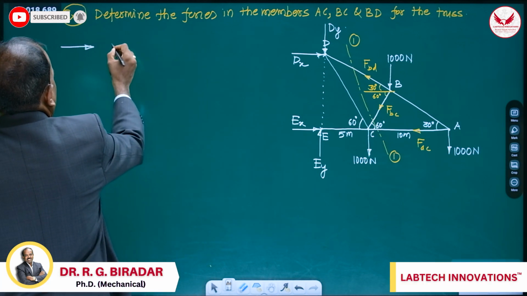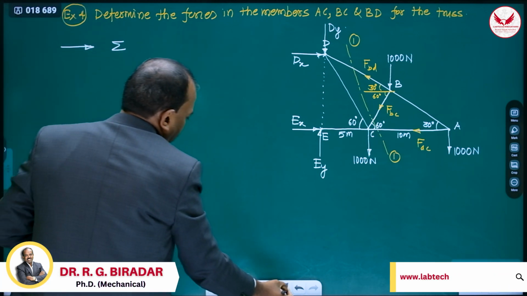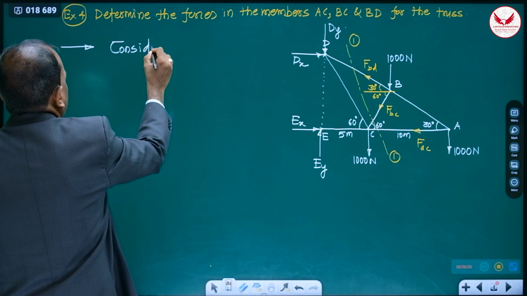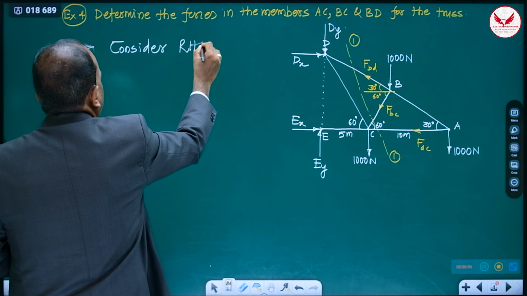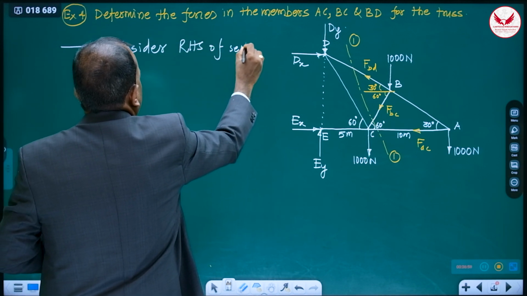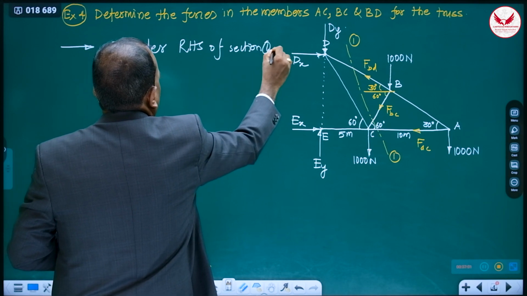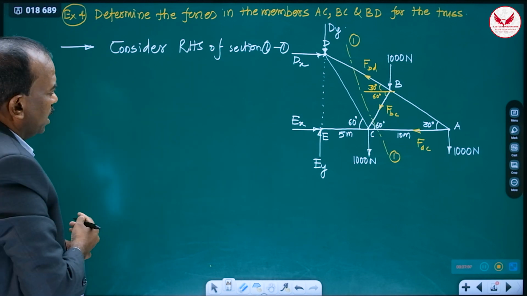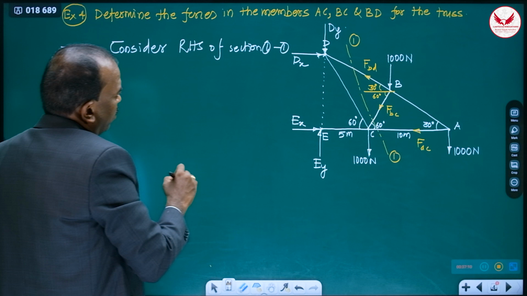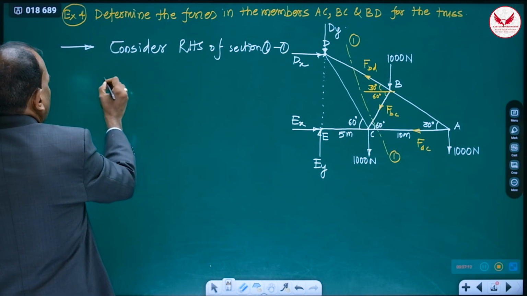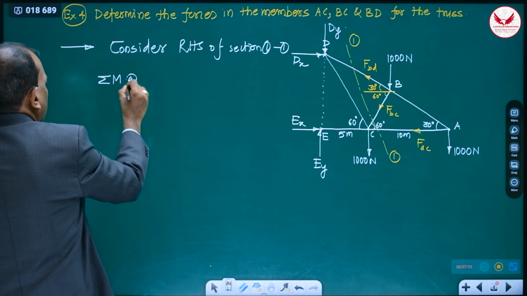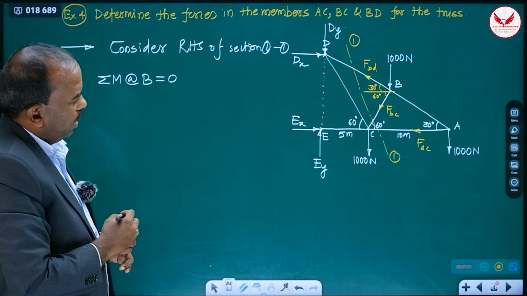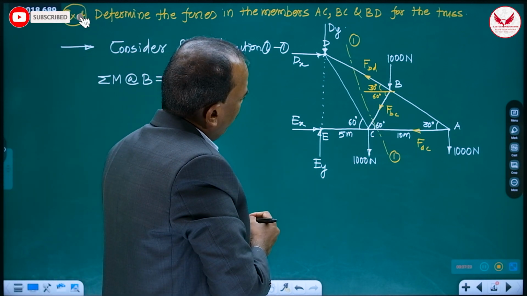For that, you consider summation M, but before that we have to write: consider RHS of section 1-1, meaning whatever that cutting plane line, section line, is, we have to consider the RHS portion. Then you take the moment about the point where two unknowns are acting, and that point is B. Summation M about B is equal to 0. Then about B, what is going to be the moment?